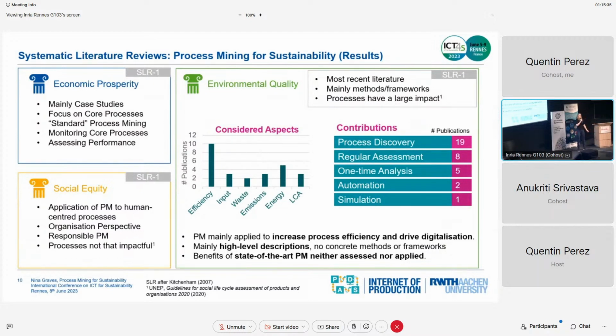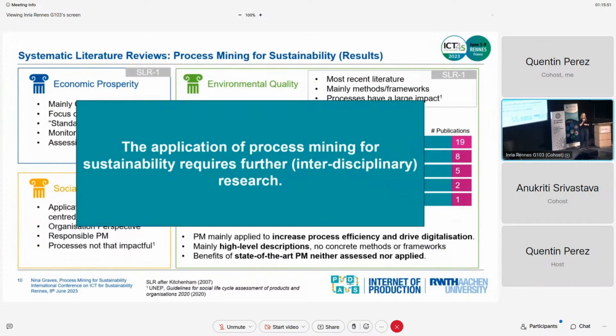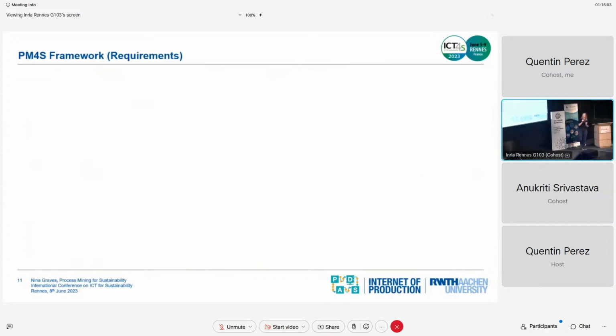Also, we see that they are mainly high-level descriptions, with no concrete guidance on how to actually apply process mining to do that. And state-of-the-art process mining techniques were not really considered. So we concluded that the application still requires further research, and probably interdisciplinary research.